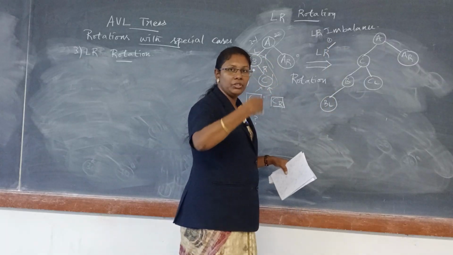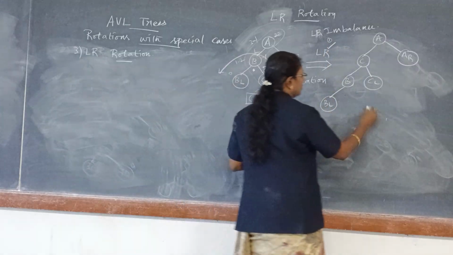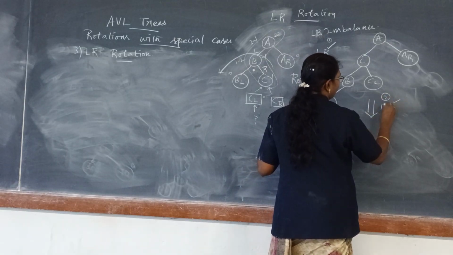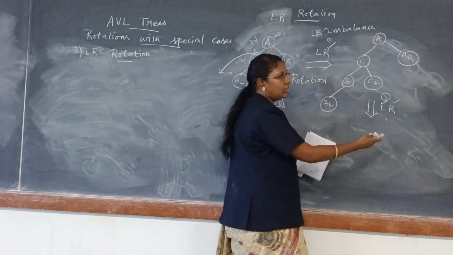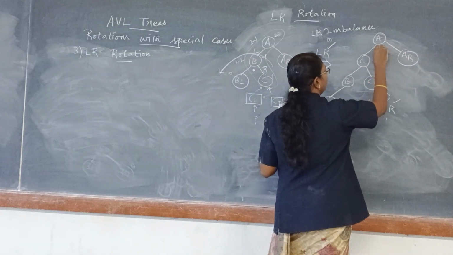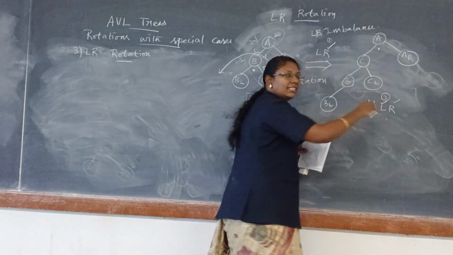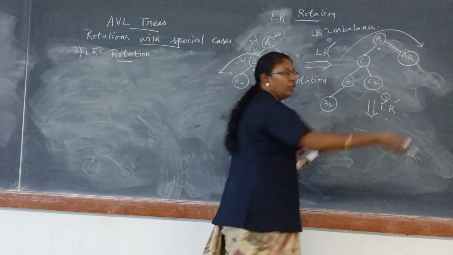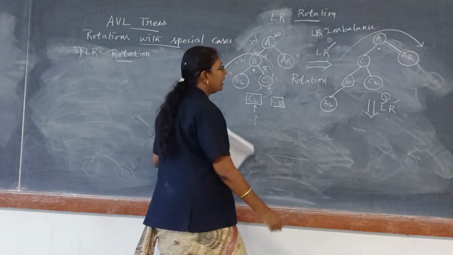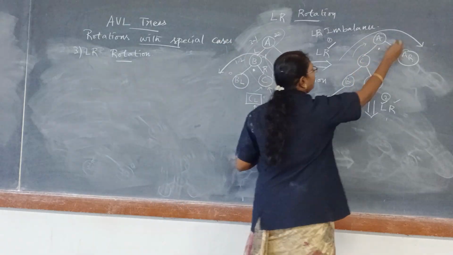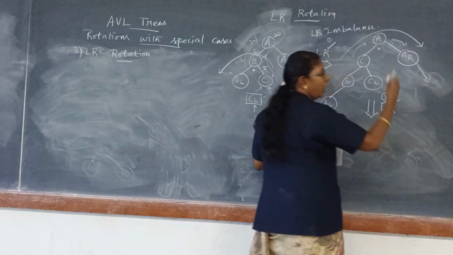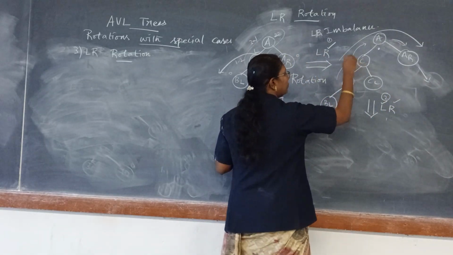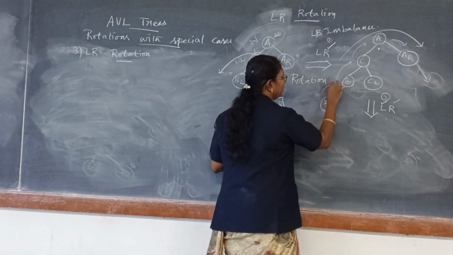Now I am going to do the next left rotation. That means I am going to perform the second step of doing the left rotation. Left rotation, in the sense, I'm going to keep this point as the pivot point and drag everything towards the right-hand side. So what will happen? C will come to this point, A will come to this point, and A and AR will move towards the next level, and B will move upwards to its previous level along with BL.